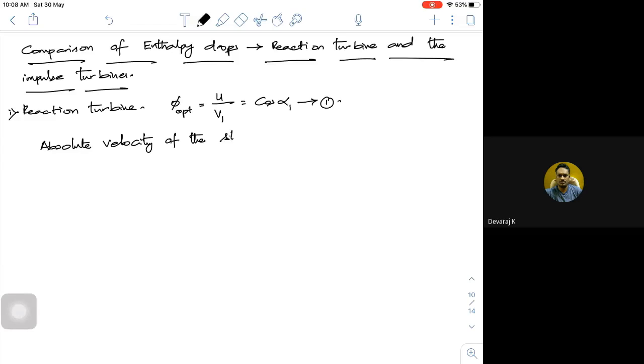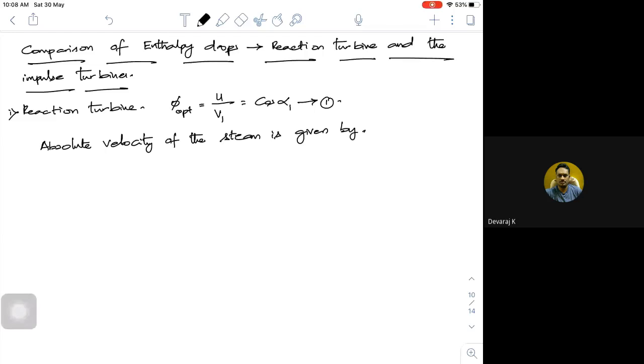This we already know: V1 is equal to 44.72 square root of the enthalpy drop, that is isentropic in the nozzle. This we already have as an expression. Now let us equate these expressions.